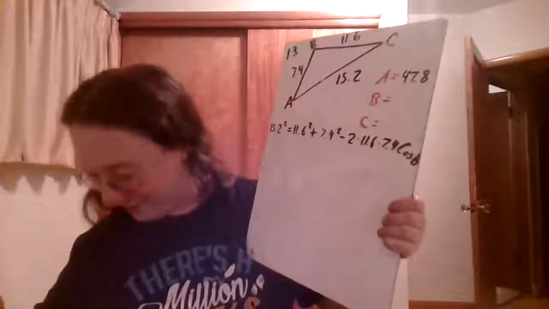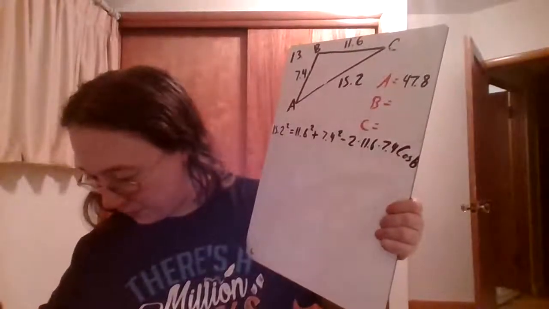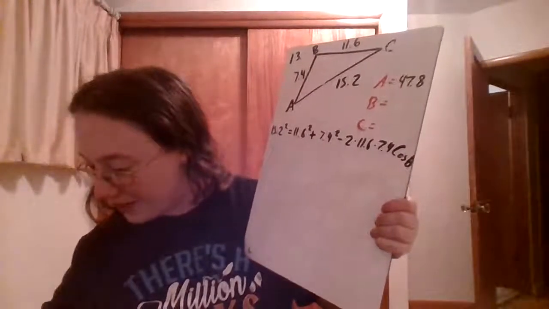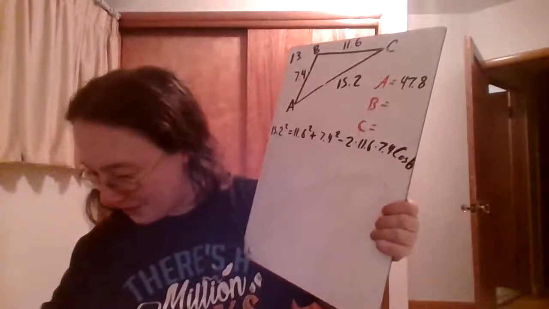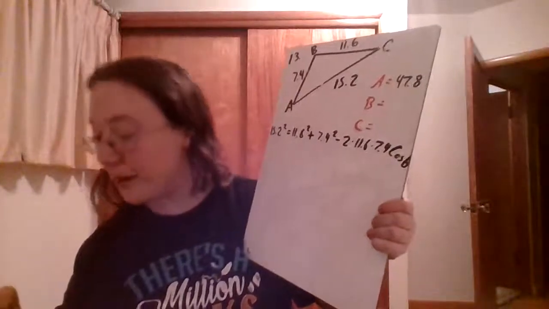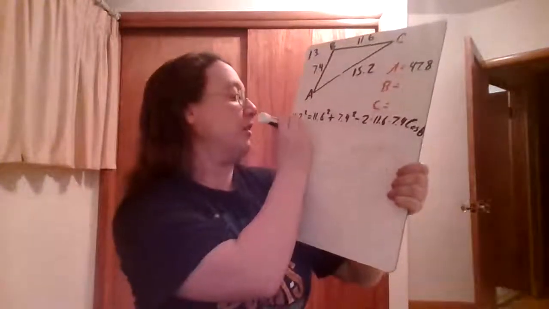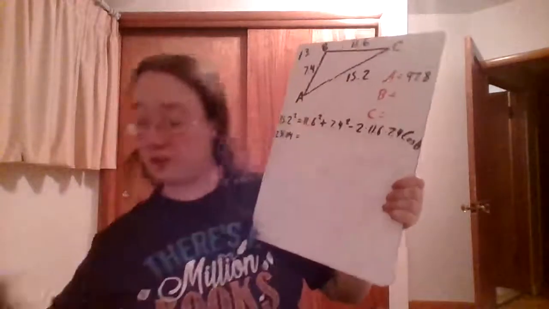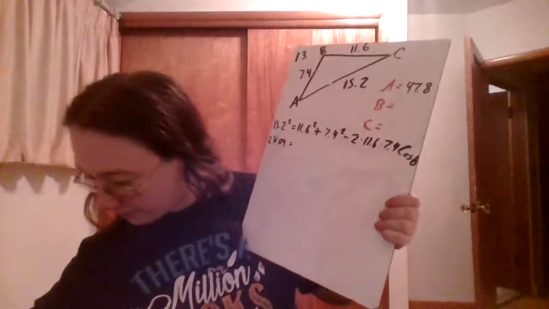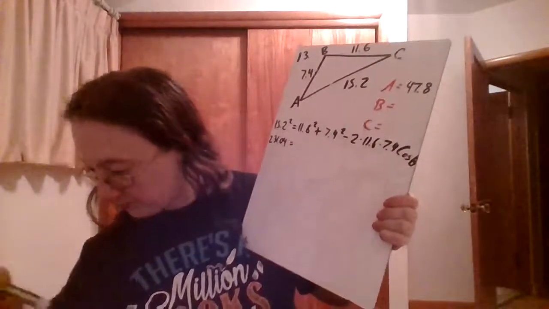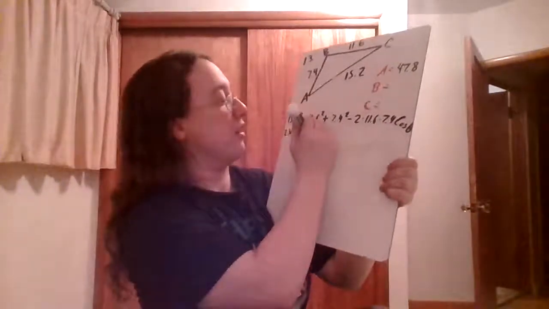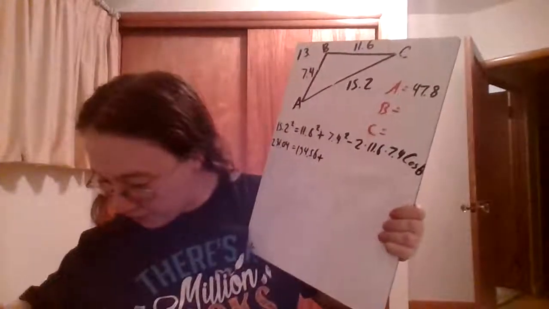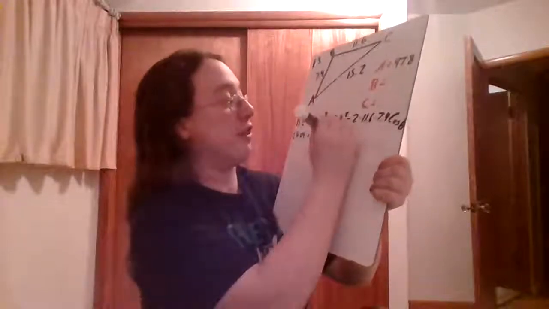So we should have left up there what 15.2 squared was. Oops, pressed the wrong number there. 15.2 squared is 231.04. 11.6 squared was 134.56. 7.4 squared is 54.76.